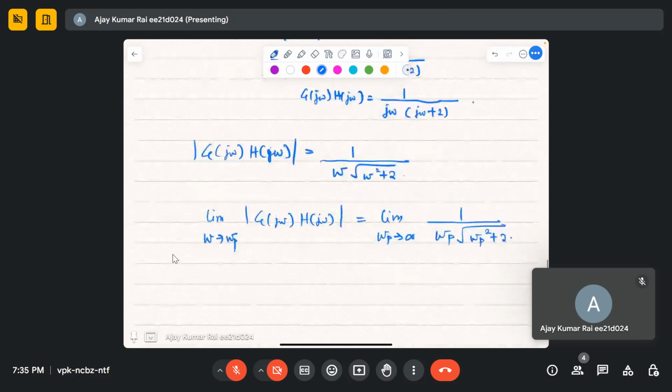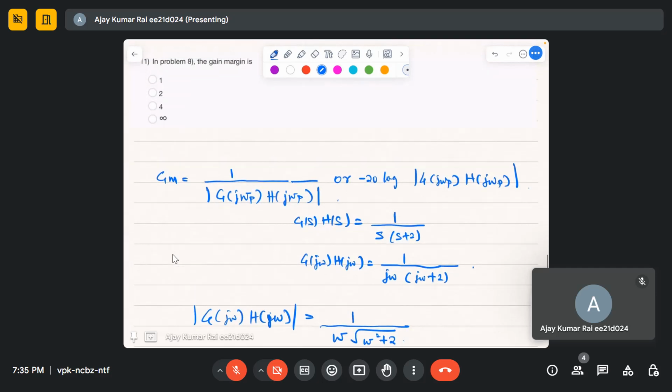Both the things are same, right? So what is gain margin in this case here?